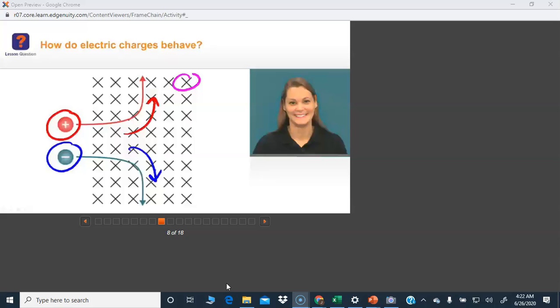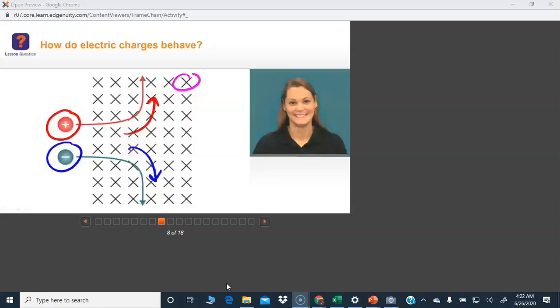So if you imagine an arrow going away from you, you're going to see those feathers on the back. And that's what this symbol is, the X's. They're like the back of an arrow. So this is an arrow that's moving away from you. If they were to show dots there, that would be an arrow that's moving out of the screen towards you. So that's the symbolism that they use.